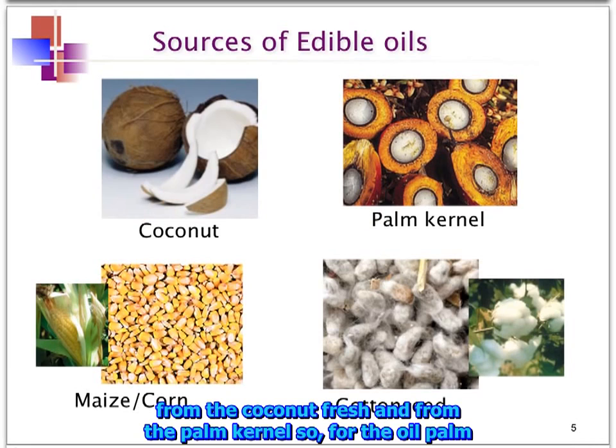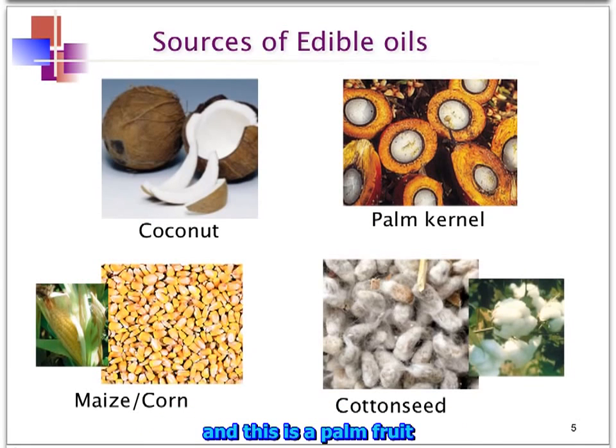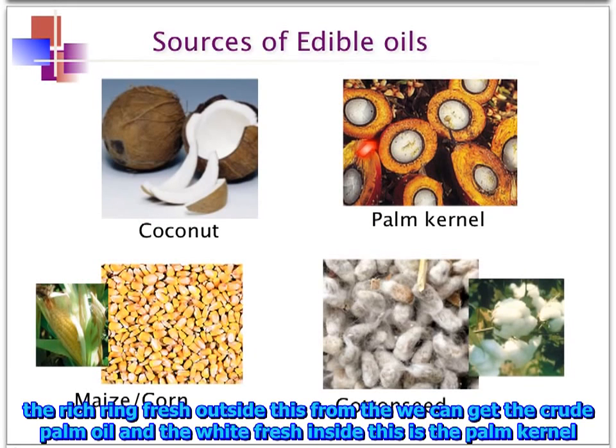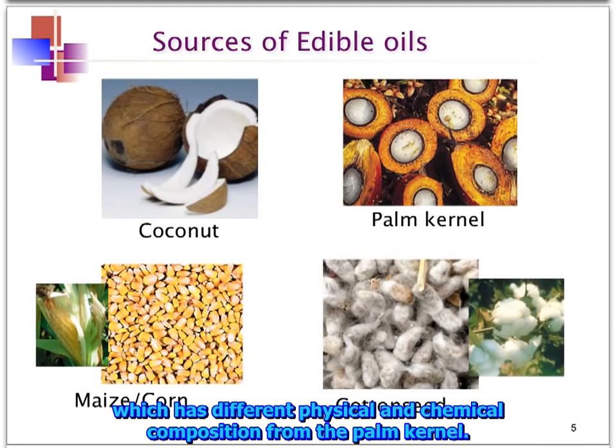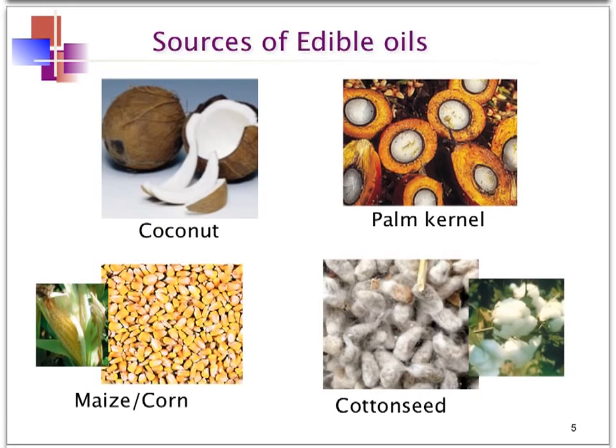For the oil palm, this is the oil palm fruit. The red, orange flesh outside is where we can get the crude palm oil, and the white flesh inside is actually the palm kernel, and we can extract the palm kernel oil, which has different physical and chemical composition from the palm oil.